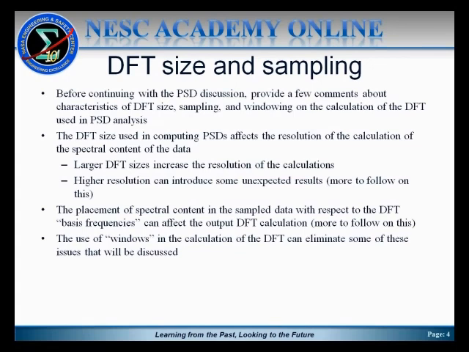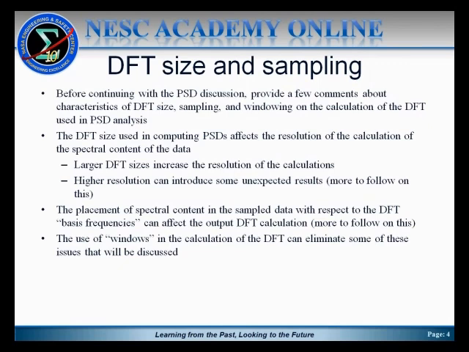The DFT size and the sampling are very important to the overall outcome you're going to get when you compute a PSD of a signal, so it warrants a little discussion here. The DFT size used to compute the PSD actually affects the resolution of the calculation of the spectral content. The larger the DFT size, the greater the resolution. However, there's a downside to that if you're not prepared for it.